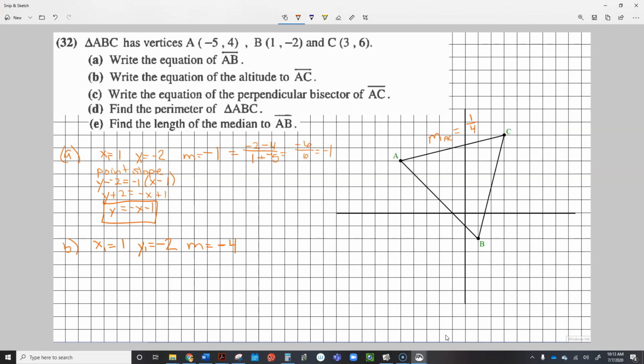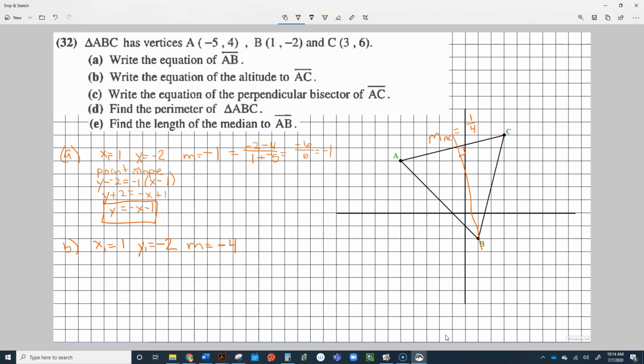So I know that my line's going to be 1, 2, 3, 4 over 1. So my line is going to go from here to here. Okay. I don't think I have a way to draw a line that's perfectly straight, but that's going to be the line right there. You can see.